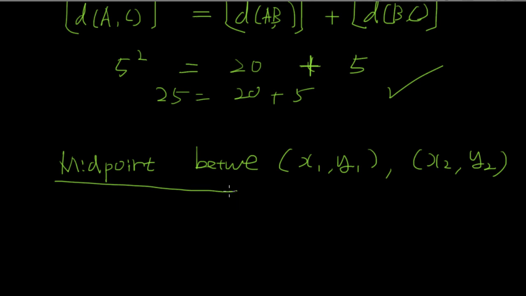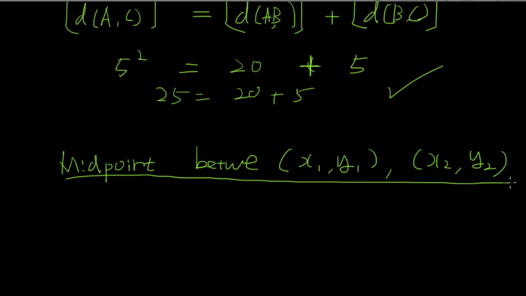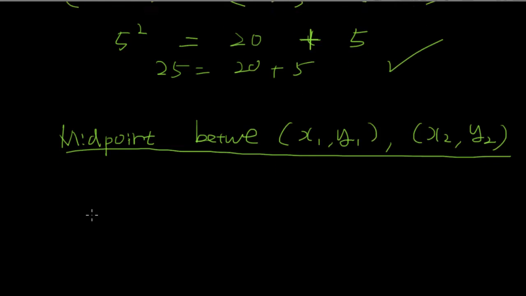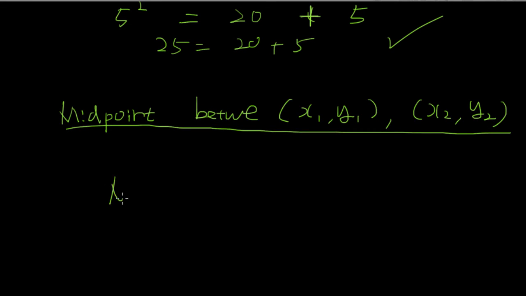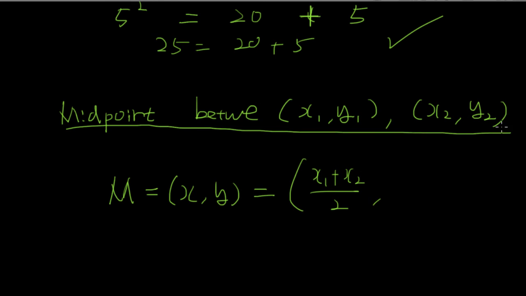The midpoint that we're going to call M of these two, the x value is going to be x1 plus x2 over 2, and the y value is going to be y1 plus y2 over 2. Just like that.